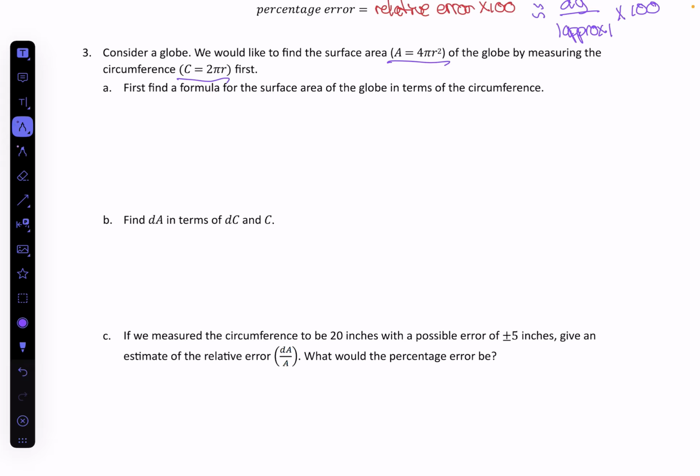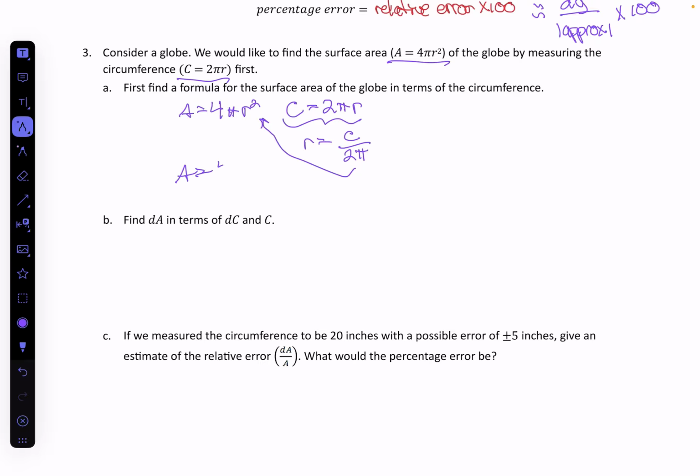So first we're going to find a formula for the surface area of the globe in terms of the circumference. So we want area to be a function of the circumference, and we can do this because right now we have them both written in terms of r. So if we take the circumference formula and solve for r, it's going to be equal to c over 2 pi, and then we will substitute in here.